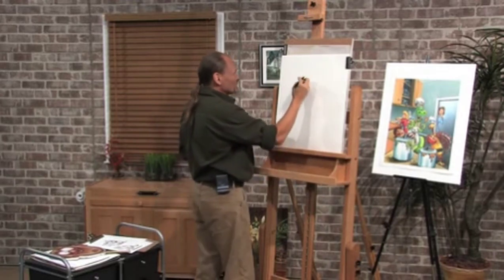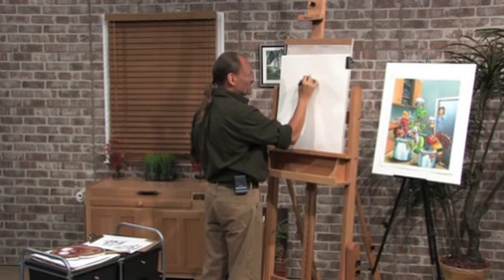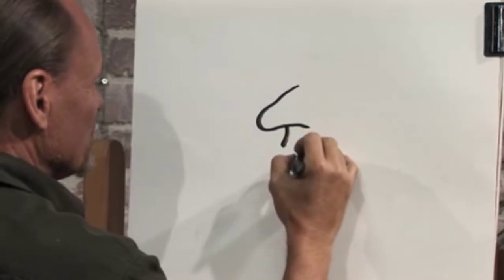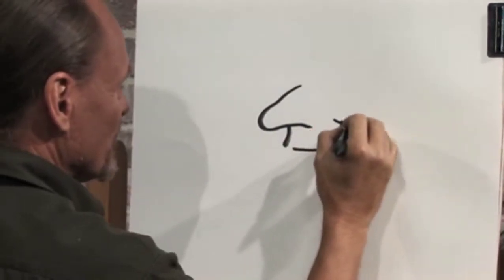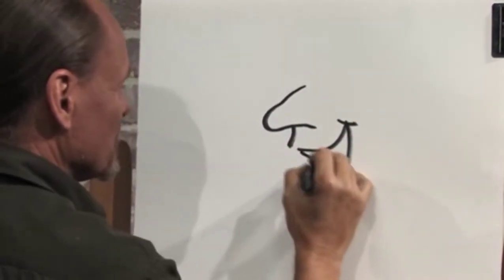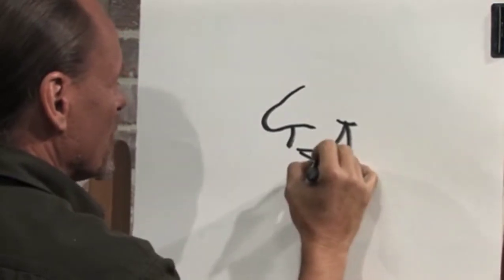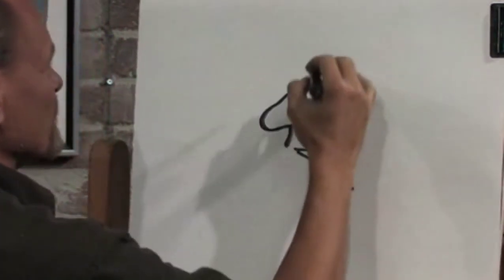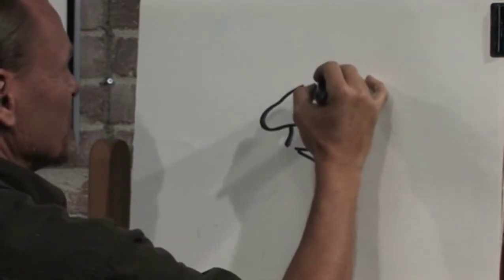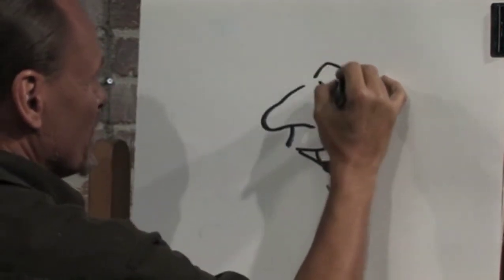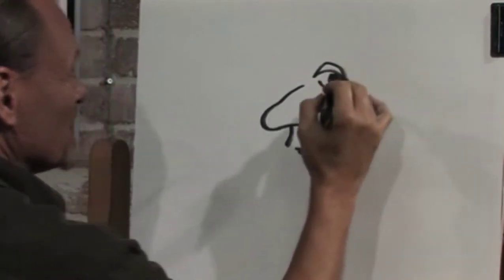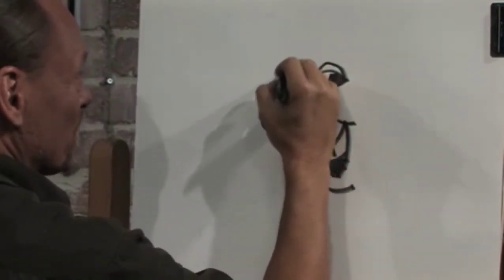Let me try to demonstrate. An art school cartoonist may have learned that a nose goes like this, that a mouth goes like this, that eyes go like this. And see, it doesn't matter so much what I'm drawing right now.